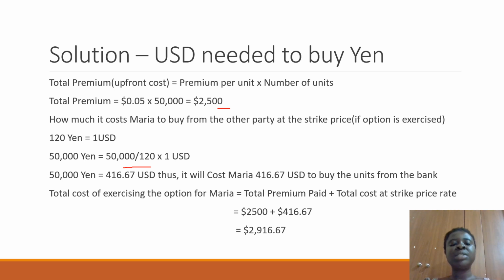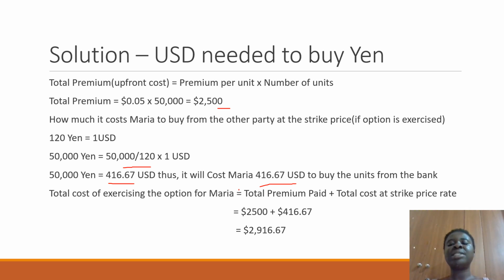So the 50,000 yen will give us $416.67. That is to say, it will cost Maria $416.67 to buy the 50,000 yen units from the bank. Now to know the total cost for her exercising the option, don't forget she paid a premium.